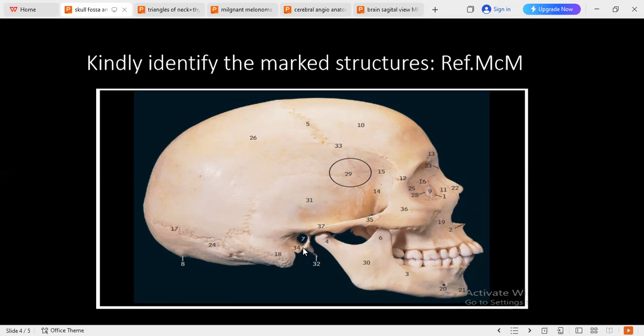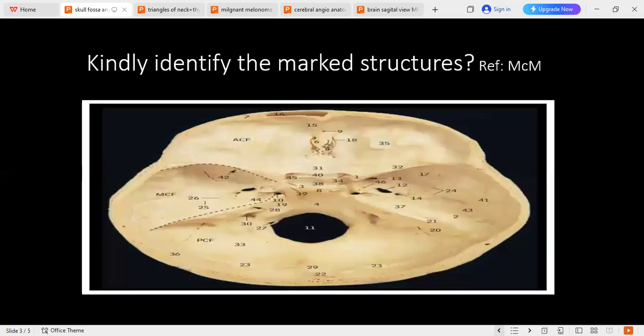In the previous image, could you tell me where exactly you would find the dural venous sinuses?